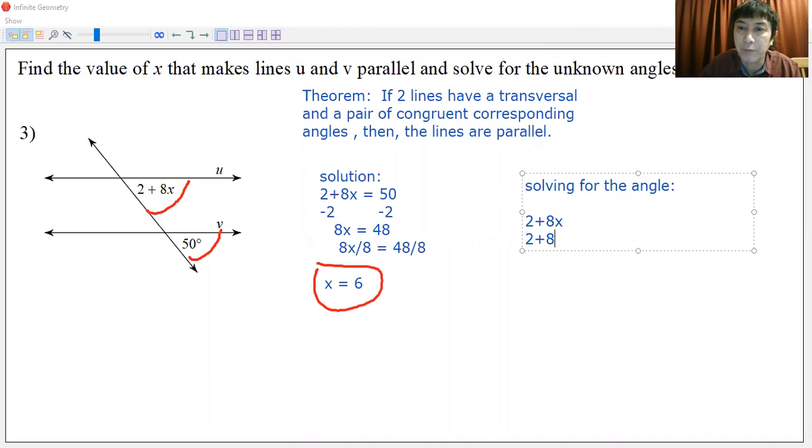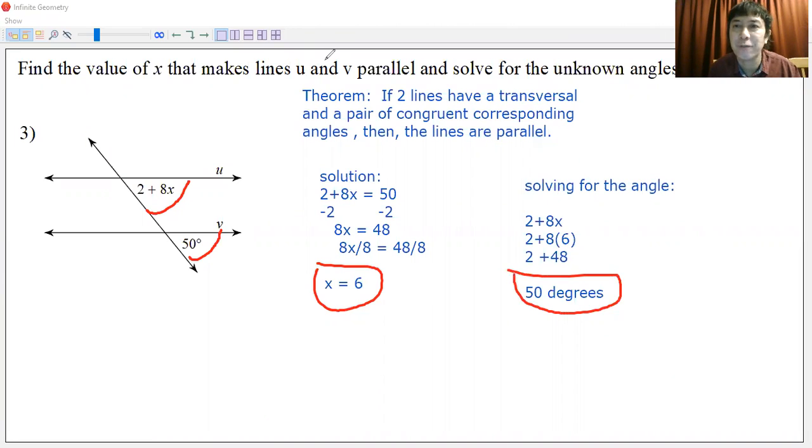Okay, our value of x, that should be 6. And we have 2 plus 48. And that gives us 50 degrees there. And that's the answer.